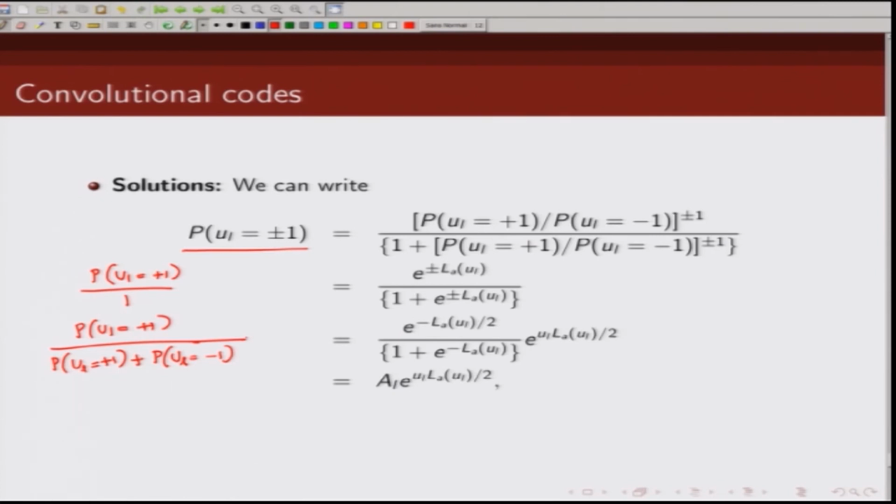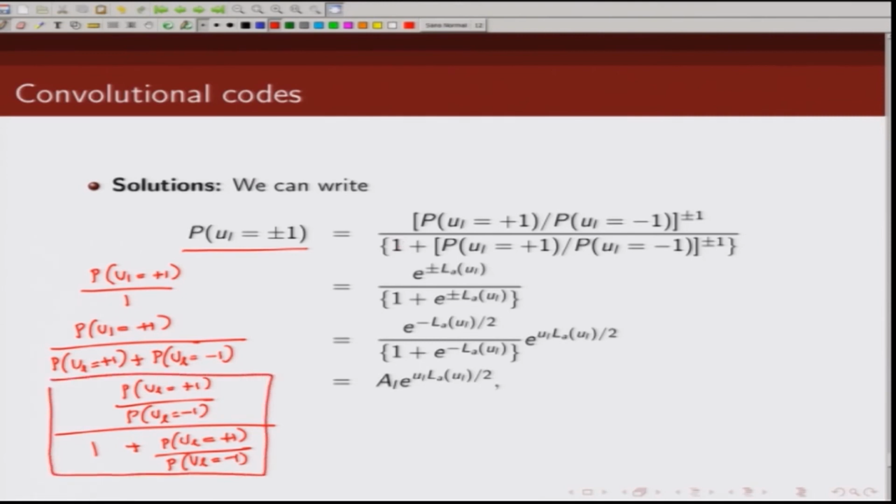And if I divide by probability of UL being minus 1, then what I get is probability of UL being plus 1 by probability of UL being minus 1, over 1 plus probability of UL being plus 1 by probability of UL being minus 1. So this is what I will get of the form here. You can see here the form for when UL is plus 1, I get probability of UL being plus 1 in this particular form.